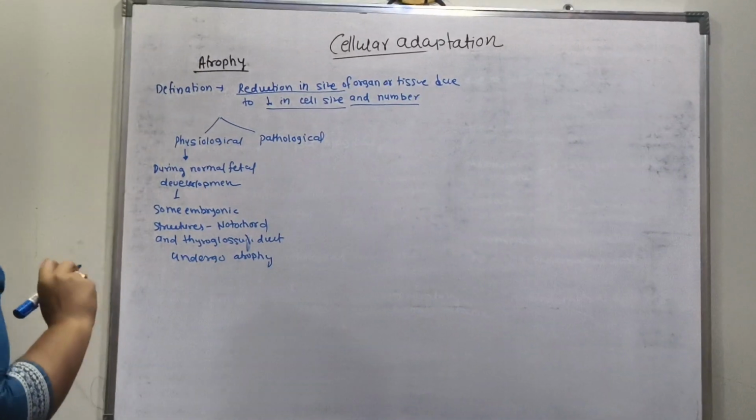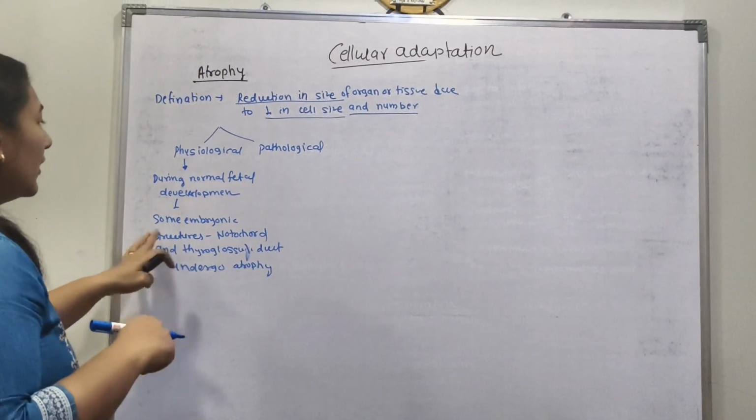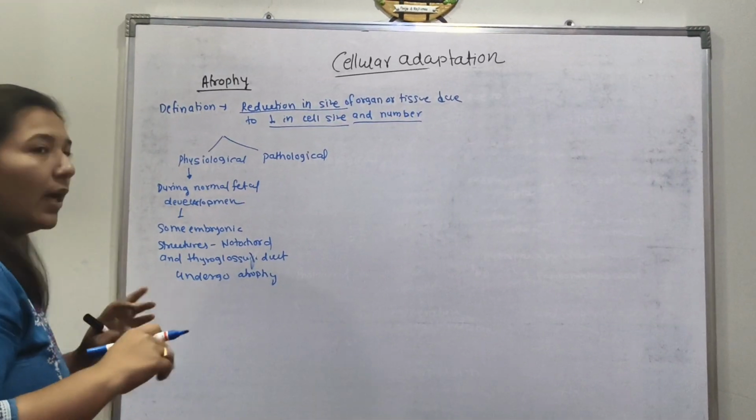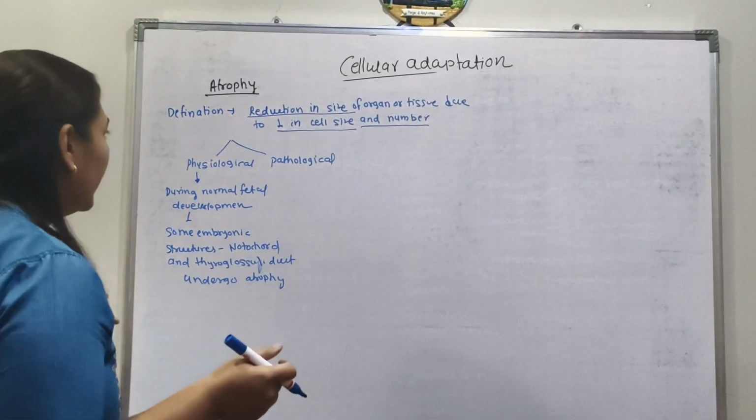Okay, what is physiological atrophy? Some embryonic structures, that is the notochord and thyroglossal duct, undergo atrophy during normal fetal development.